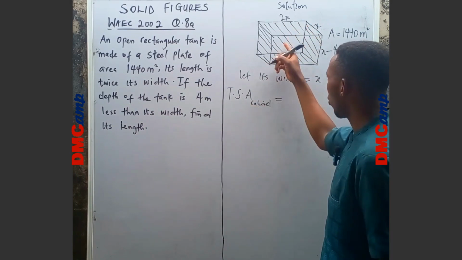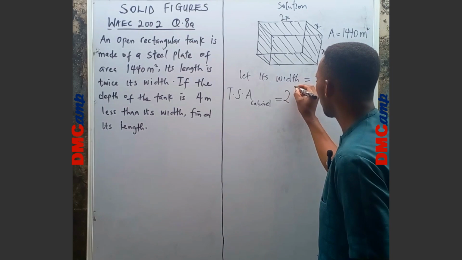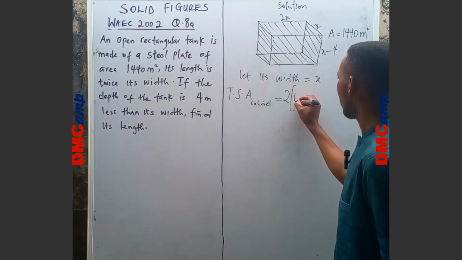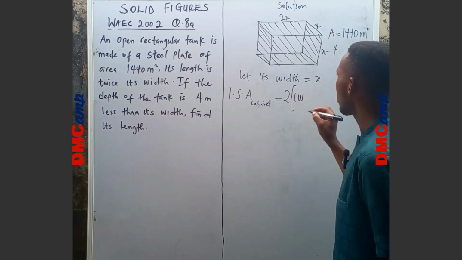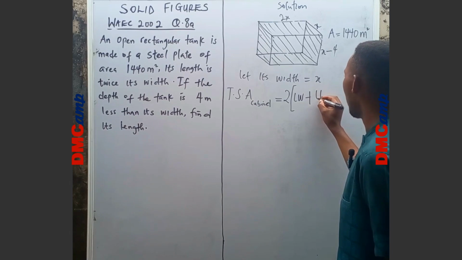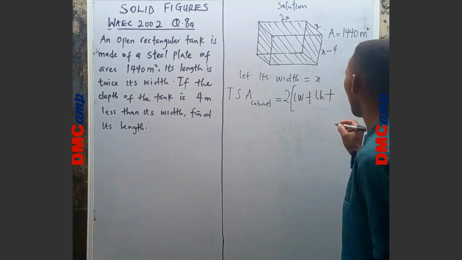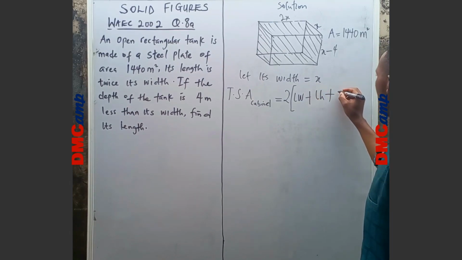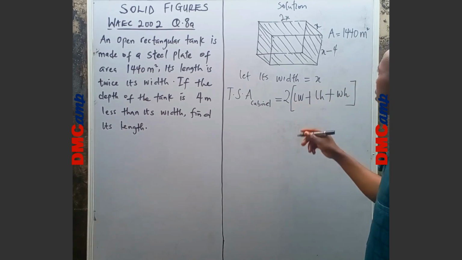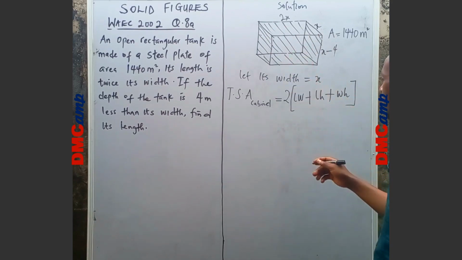Total surface area is 2 into the length times the width, plus the length times the height, plus the width times the height. Every side appears twice.